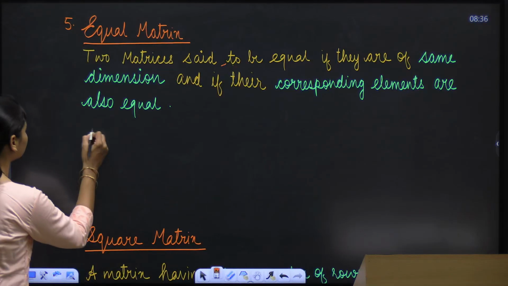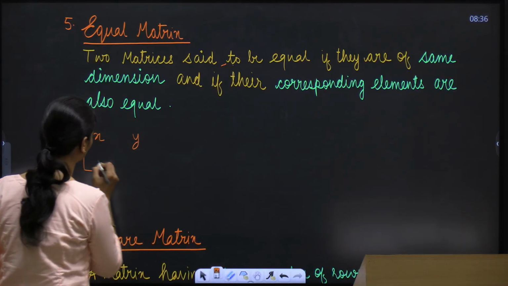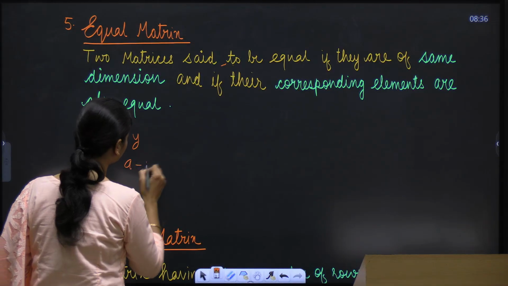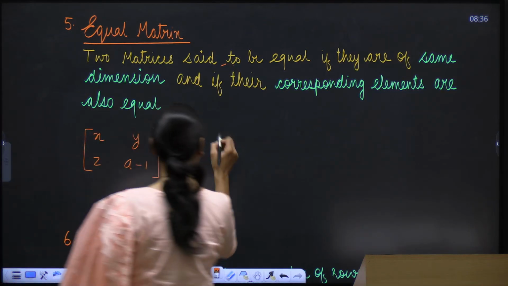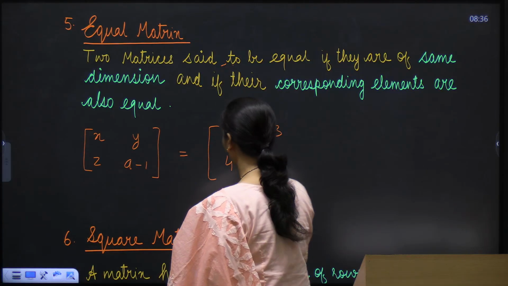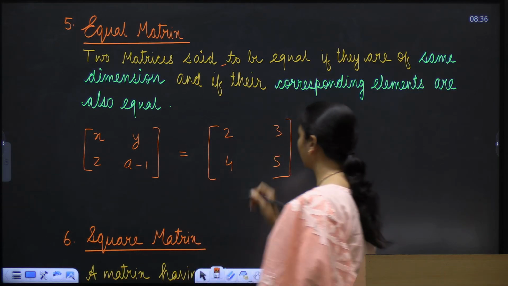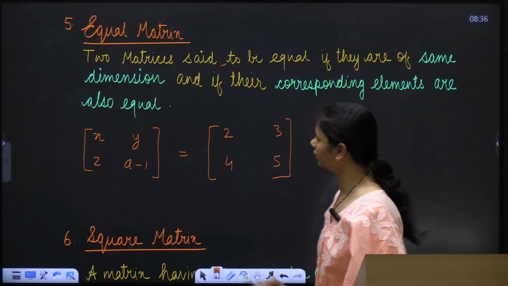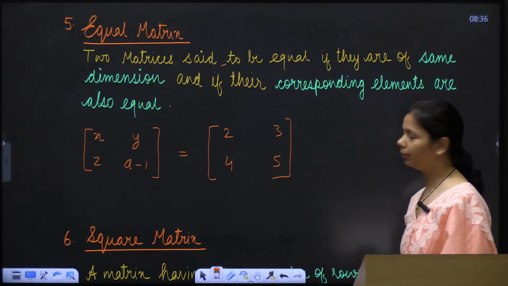So, if suppose matrix A is X, Y, Z and A minus 1 and the other matrix is 2, 3, 4 and 5, and an equal to sign is mentioned between these two matrices, then this is called an equal matrix.